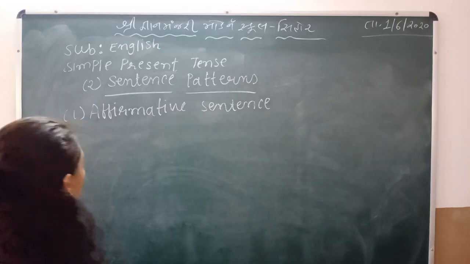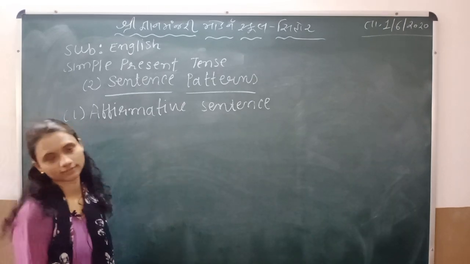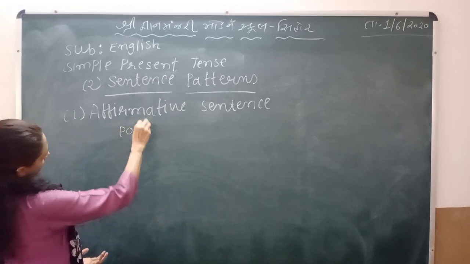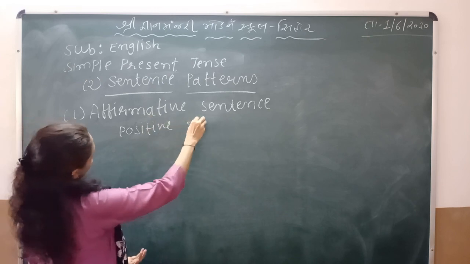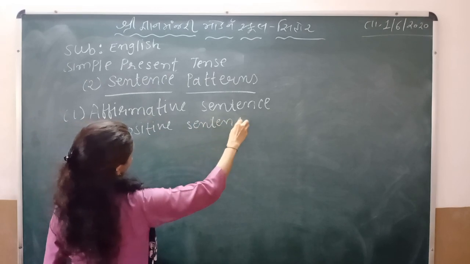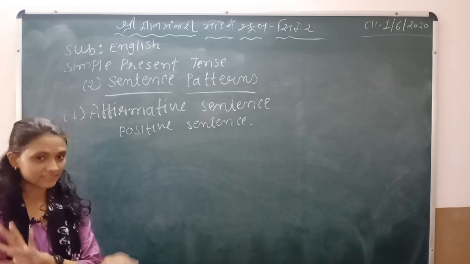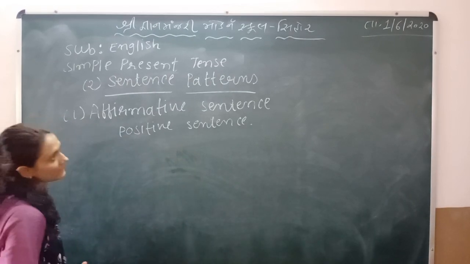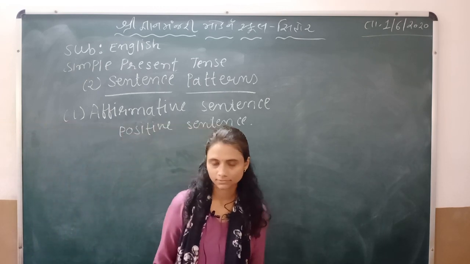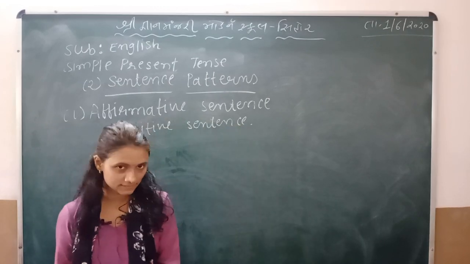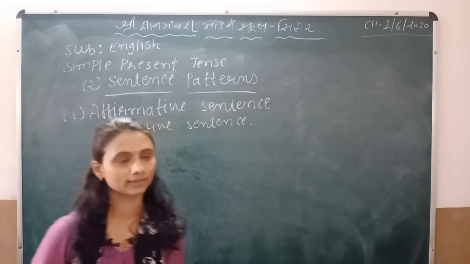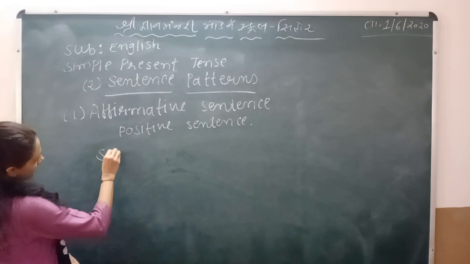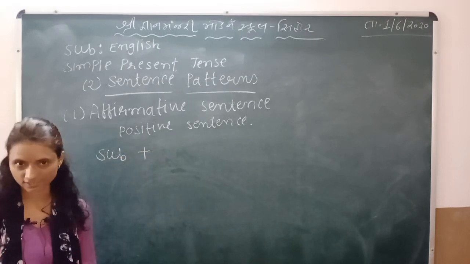Okay. So affirmative sentence is also called positive sentence. It means there is no place for not. As you all know, the one thing that is compulsory for making a sentence is subject.